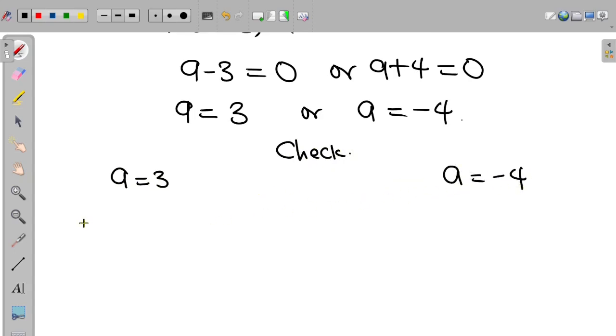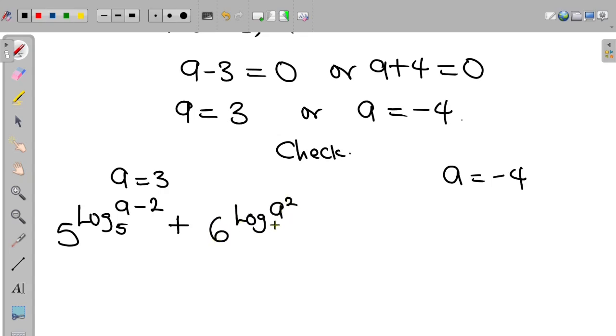Now at this point, for a equal to 3, we have it that 5 to the power of log (a minus 2) in base 5 plus 6 to the power of log a squared in base 6 equal to 10.